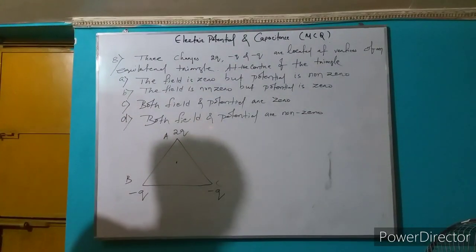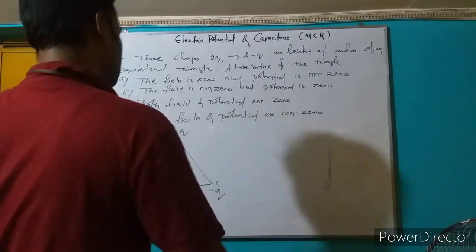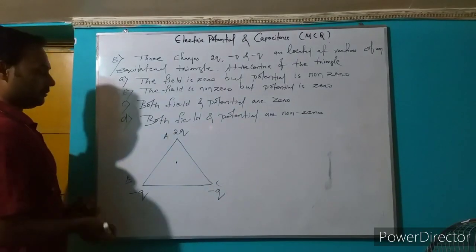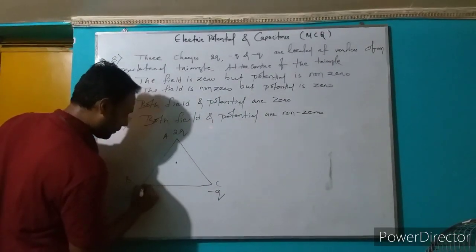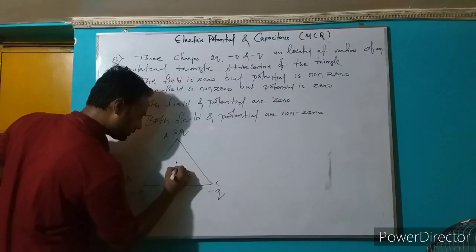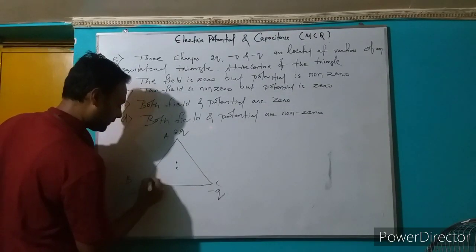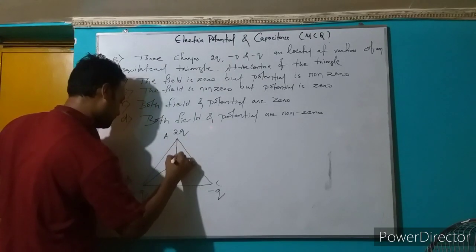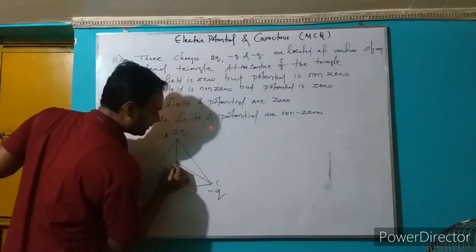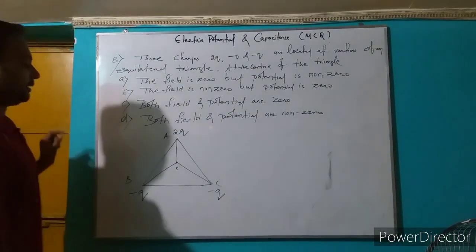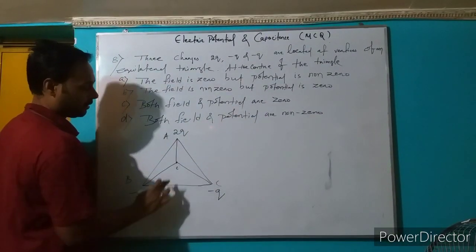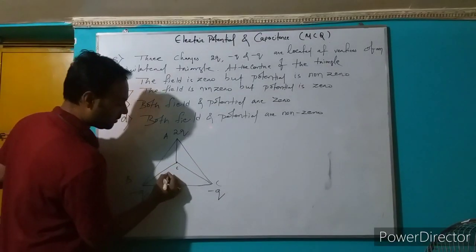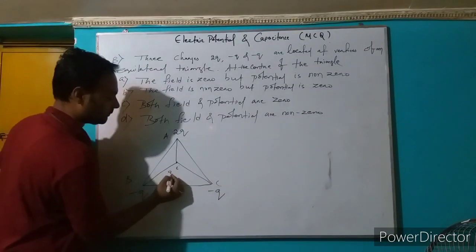You know potential is a scalar quantity, so it has no direction. If you draw from that point, the center of the triangle, lines joining the center and the vertices, these are the vertices and this is the center. The distance from each vertex to the center, for the three sides, can be represented as A by root 3.